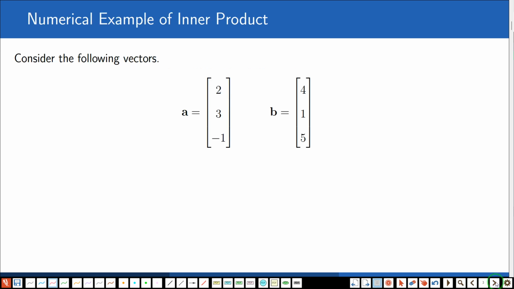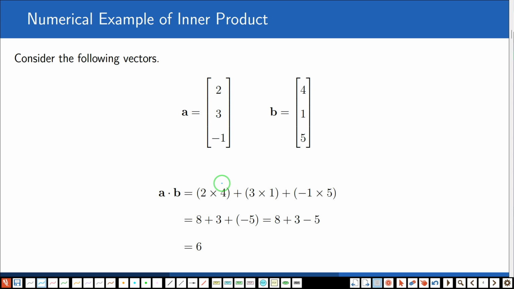For example, if we have these two vectors, how can we calculate their inner product? It is simple. You multiply 2 by 4, which is 8, 3 by 1, which is 3, and negative 1 by 5, which is negative 5.